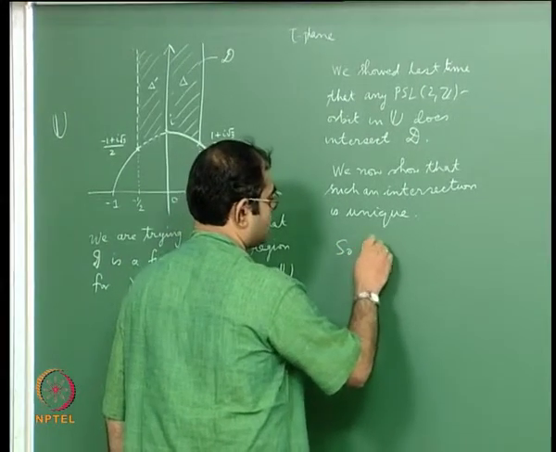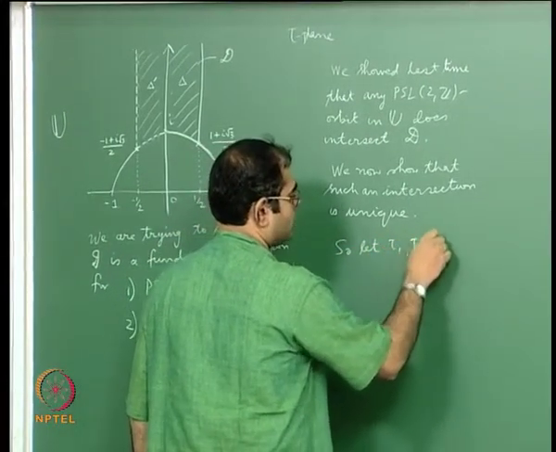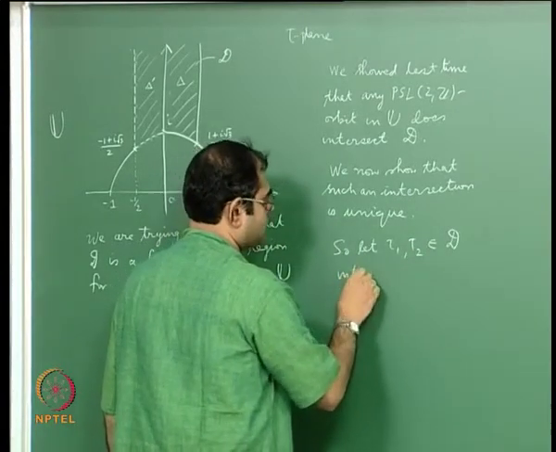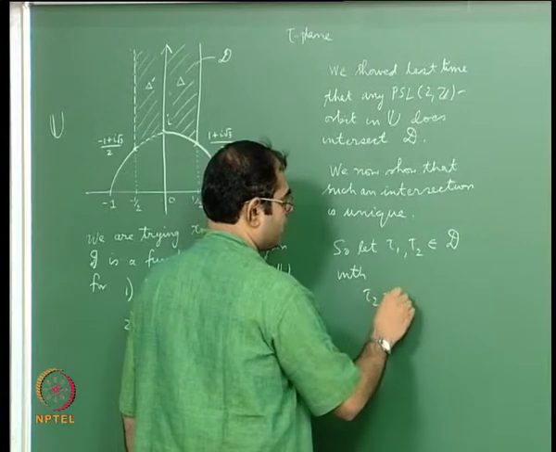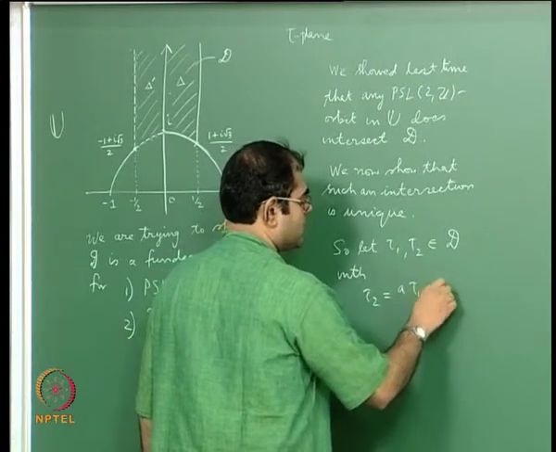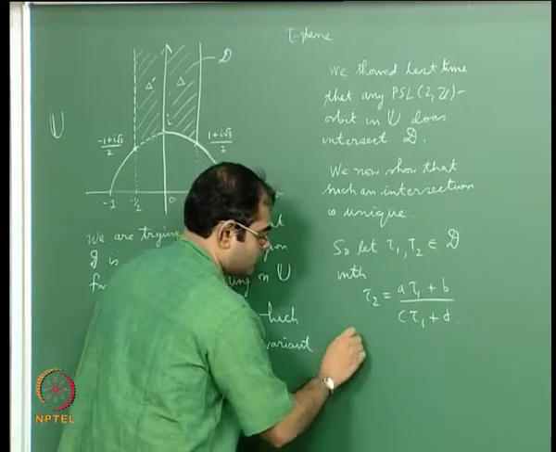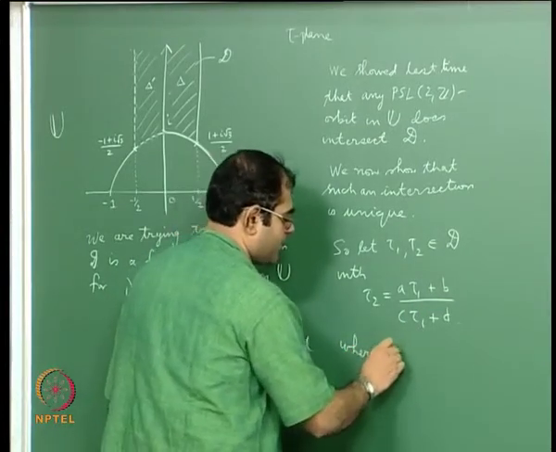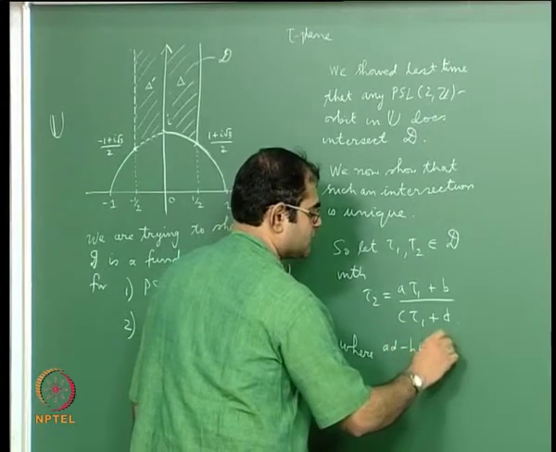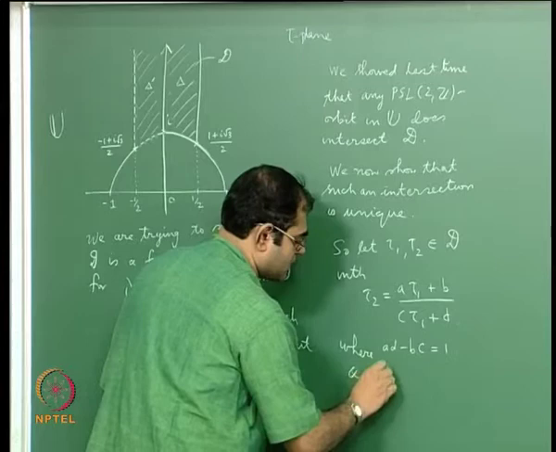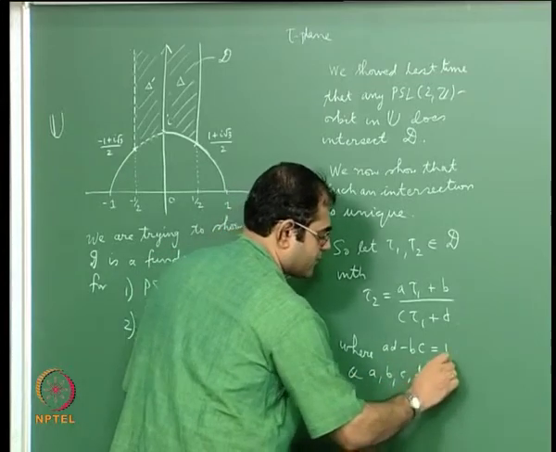Let tau 1, tau 2 be in script D, with tau 2 equal to (A tau 1 plus B) by (C tau 1 plus D), where AD minus BC is 1 and A, B, C, D are integers.